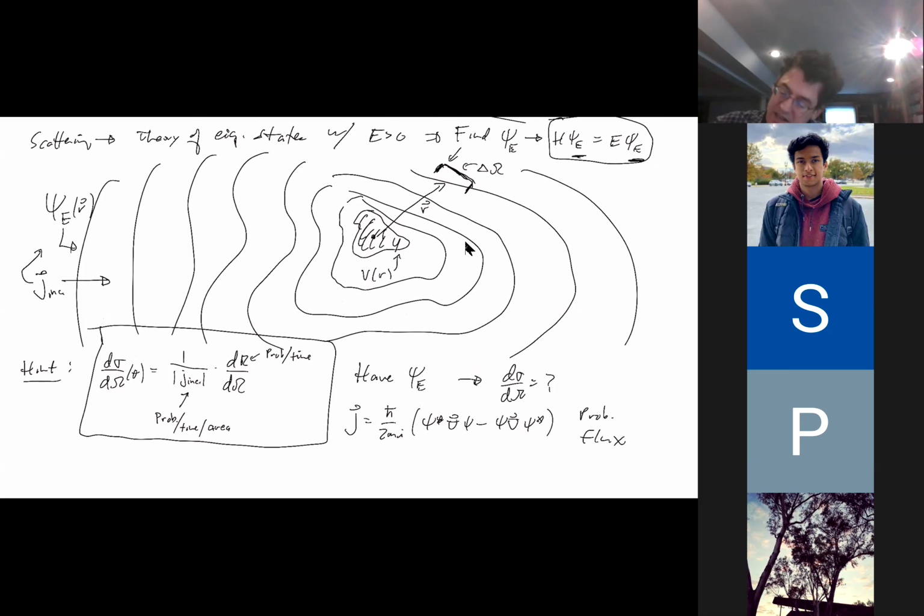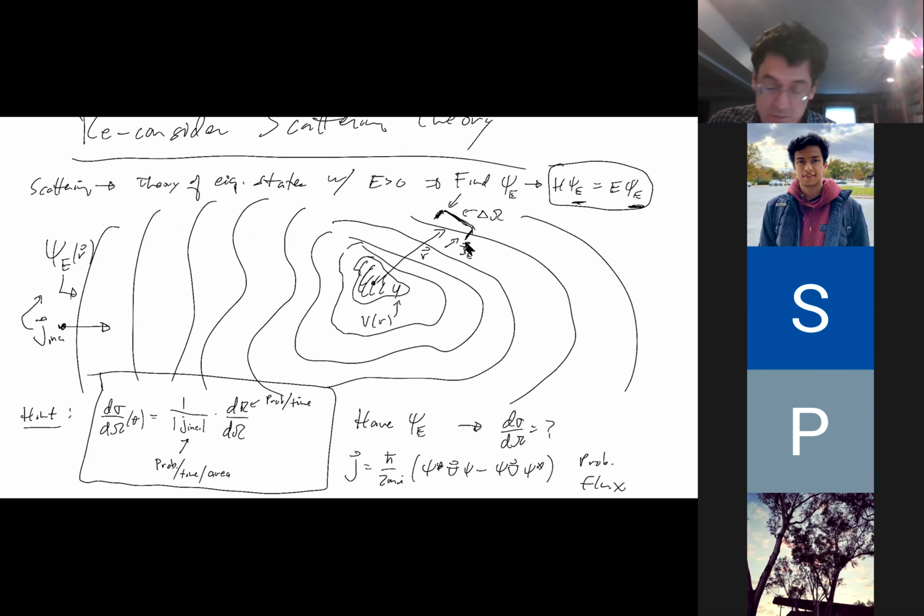If I evaluate J over here, way to the left, that's going to be my incident flux. Then to figure out what goes into my detector, I just have to figure out the J sub E going into my detector.